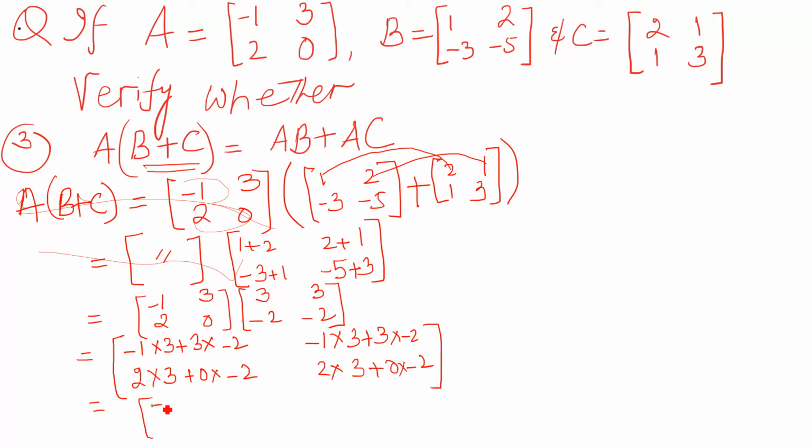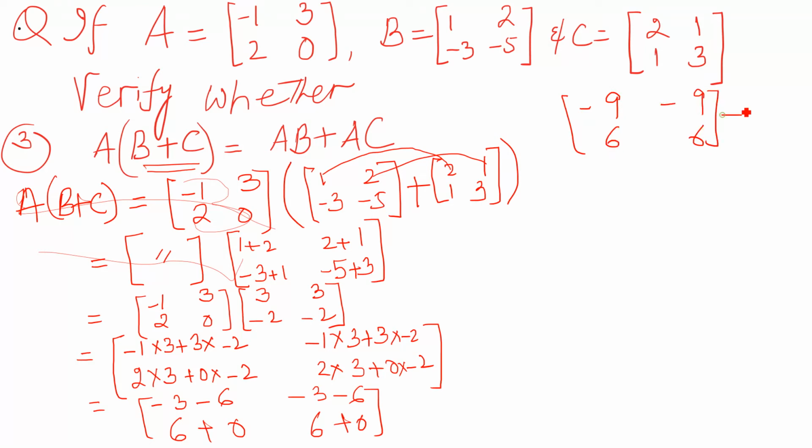Simplify it, we will get negative 3 minus 6, and it is 6 plus 0. And here I will write down your answer is negative 9, 6, negative 9 and 6. This is your left hand side, or we can say this is the A.